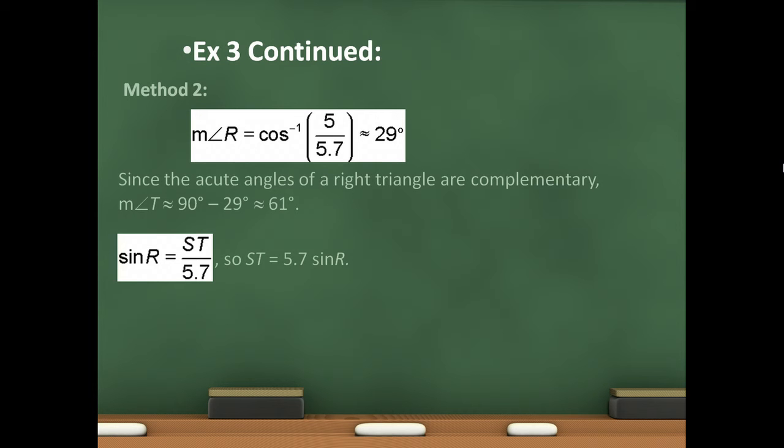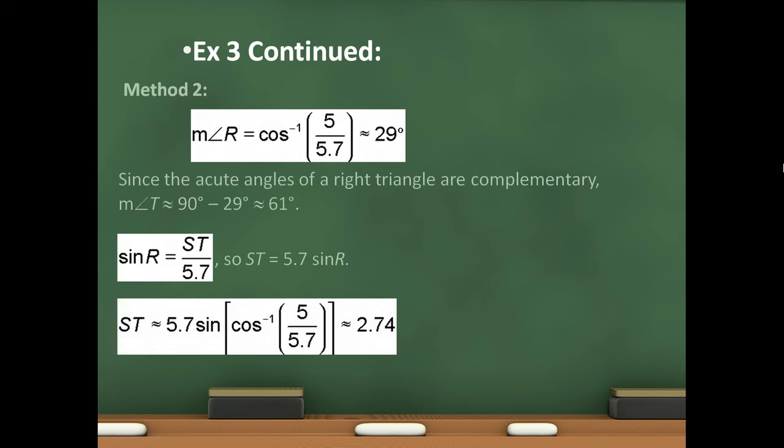So ST equals 5.7 times the sine of R, which would be 5.7 times the sine of the inverse cosine of 5 over 5.7, which is about 2.74. So we get the same length for the side.